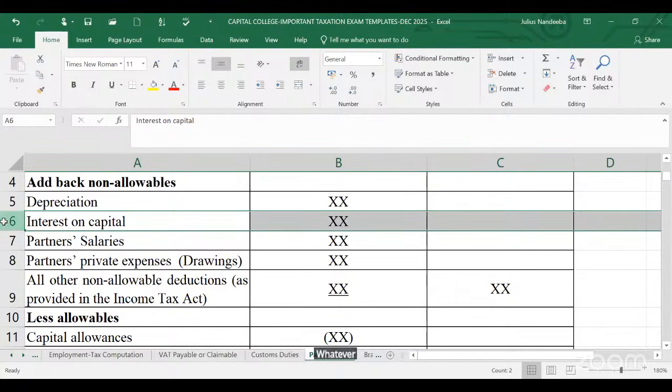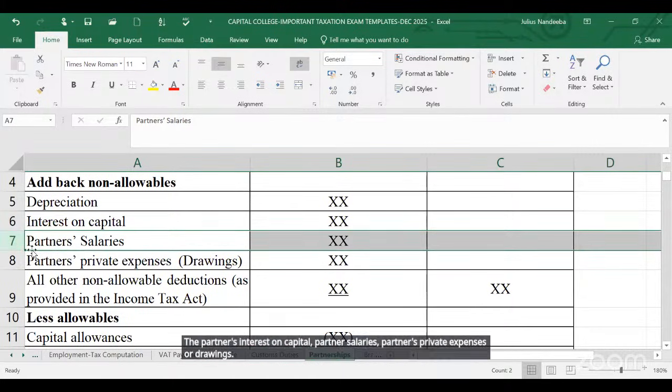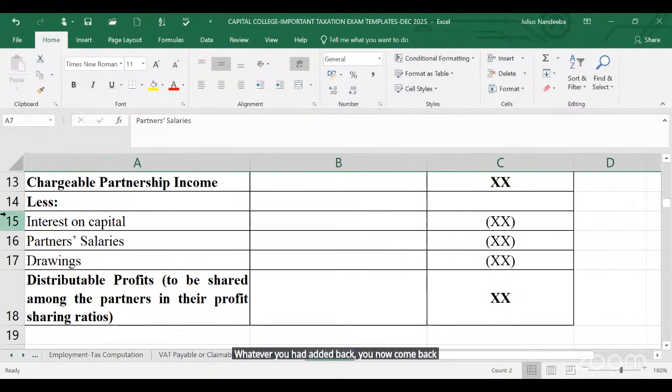Whatever you have added back here as relating to the partners, interest on capital, partners' salaries, partners' private expenses or drawings, whatever you had added back, you now come back and subtract it after chargeable income. So whatever you had added back in relation to the partners, because now you're doing what we call an appropriations account.